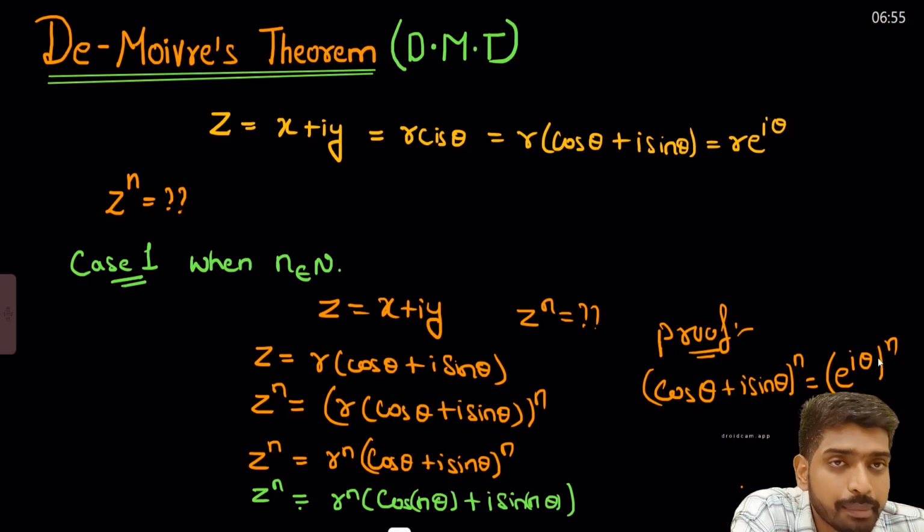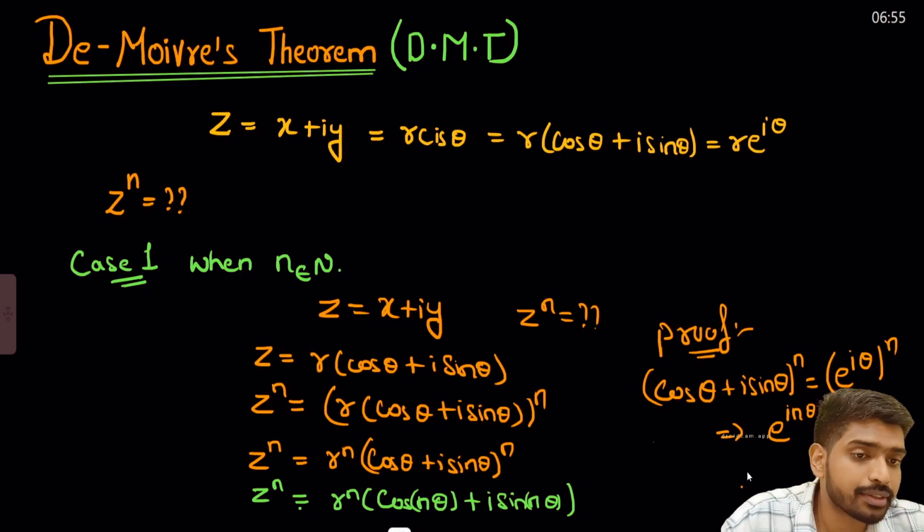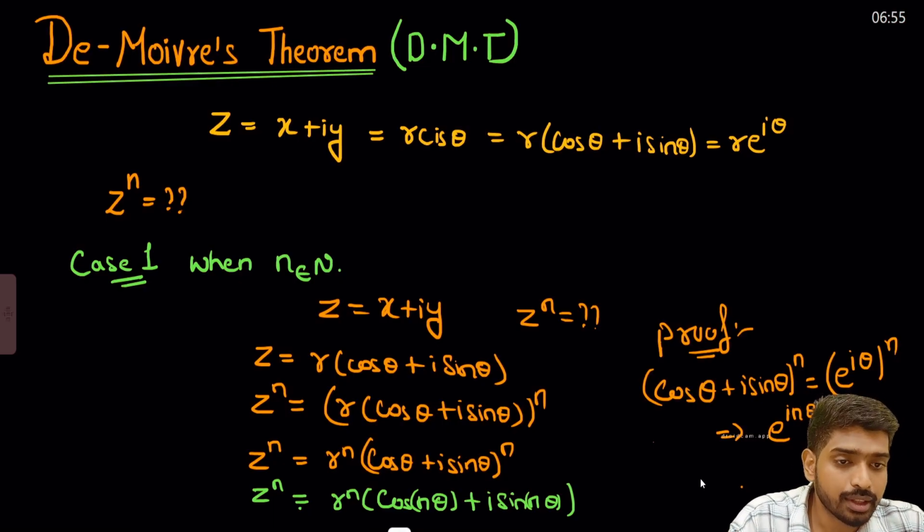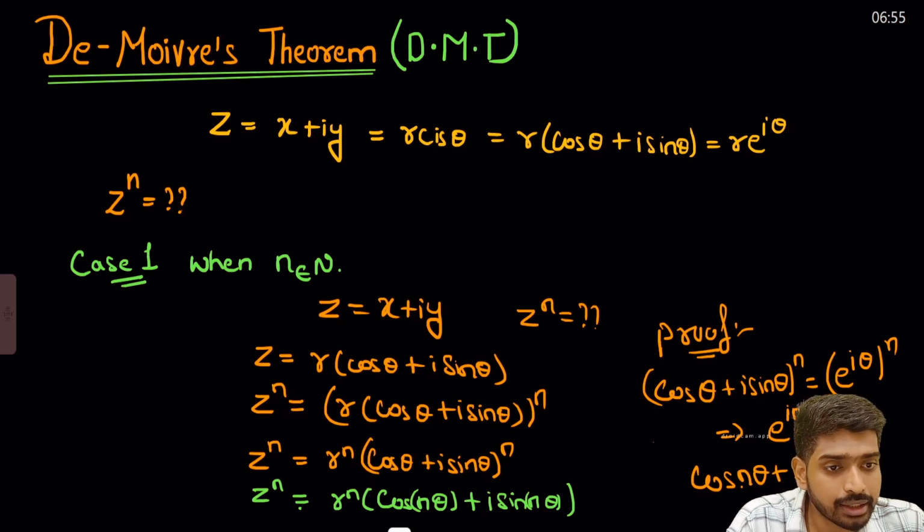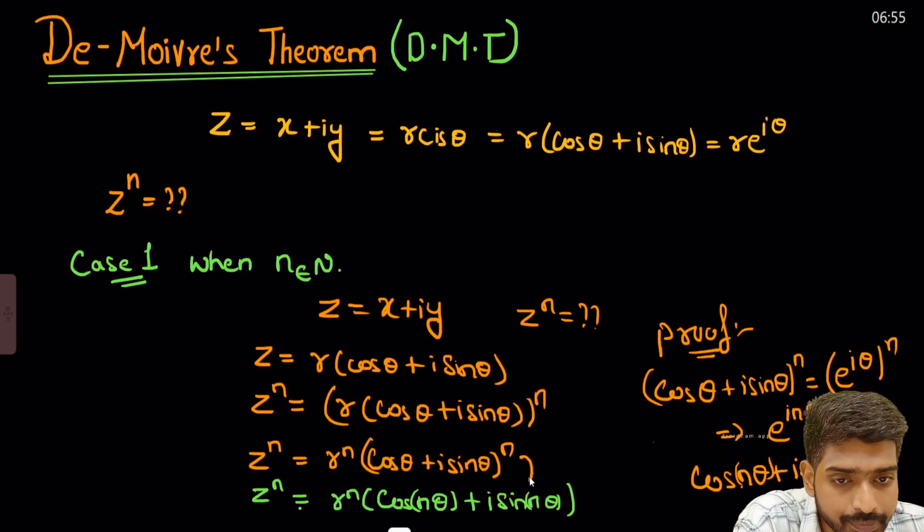Now, if we apply the law of exponents, we can multiply this n inside. This one is nothing but e to the power iota n theta. Again, when I convert this into polar form, it will be cos n theta plus iota sine n theta, right? So this is how it came.